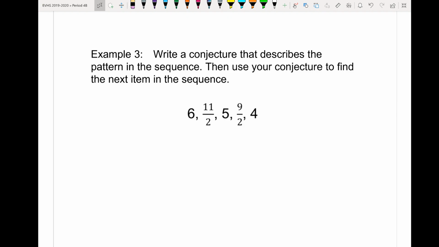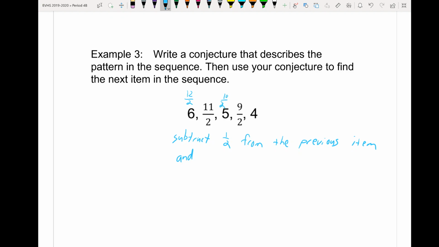Here's the way of incorporating the whole thing. What you're going to do is subtract 1/2 from the previous item. And now, I was going to go ahead and point this out, that this is actually 12 halves, right?